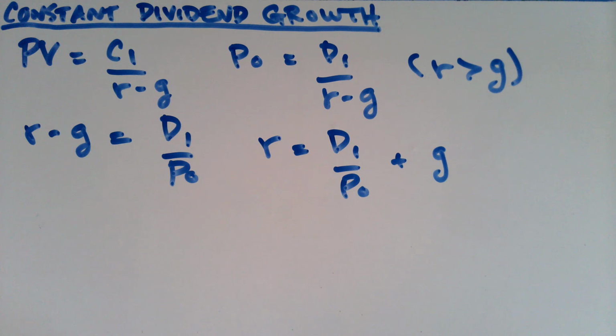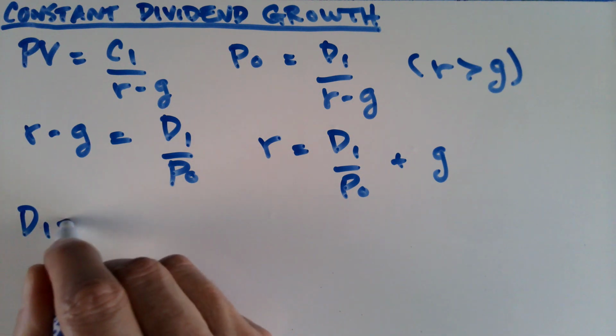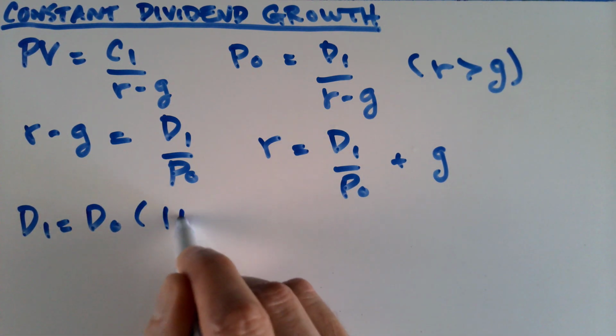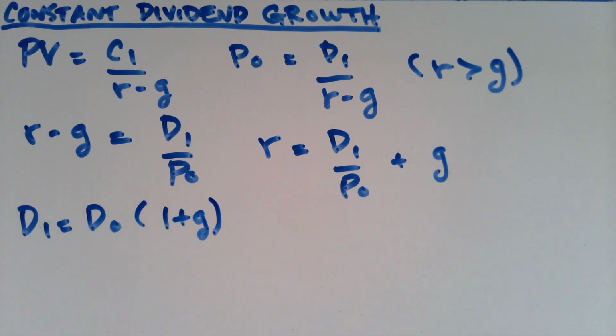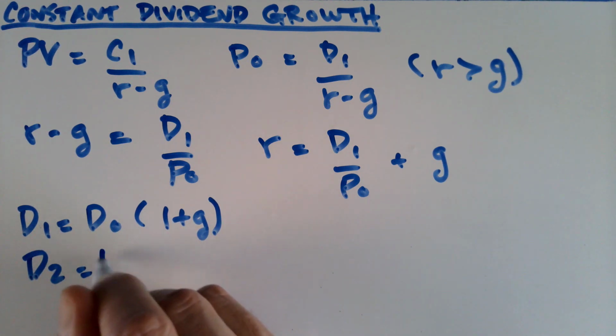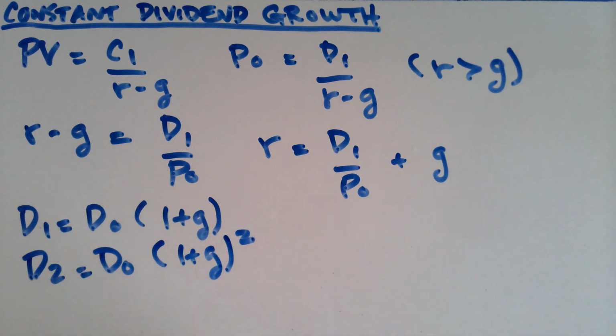Okay, now sometimes we are not given D1. We are given D0 instead. But it's really easy to convert because all you have to do is say D1 is equal to D0 times 1 plus G. Because after all, these things are growing at the rate G per year. And we could easily say that D2 is equal to D0 times 1 plus G squared.